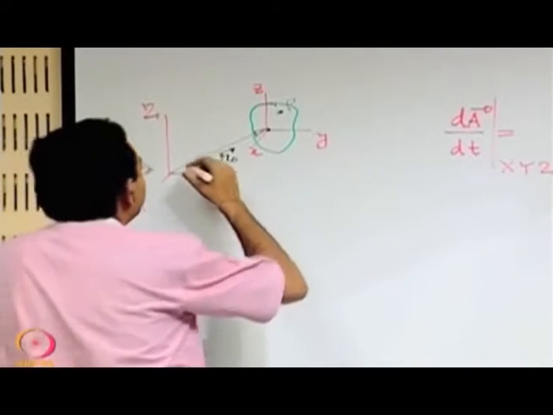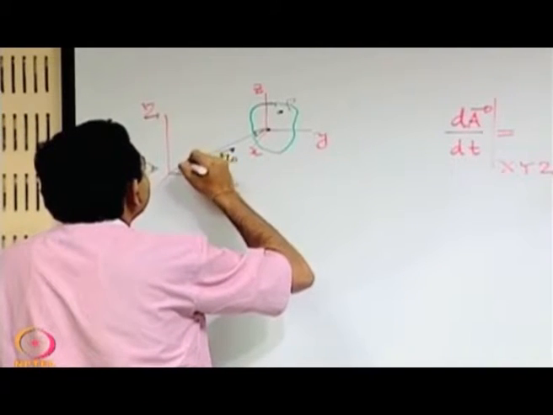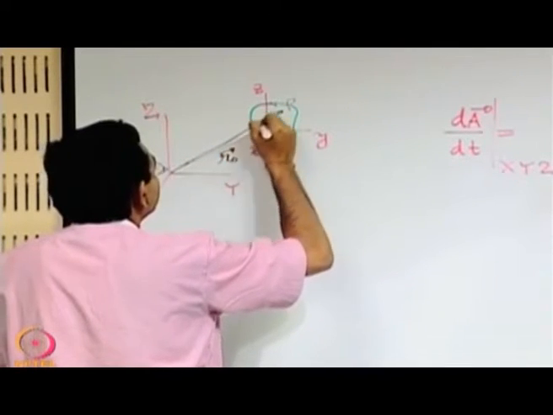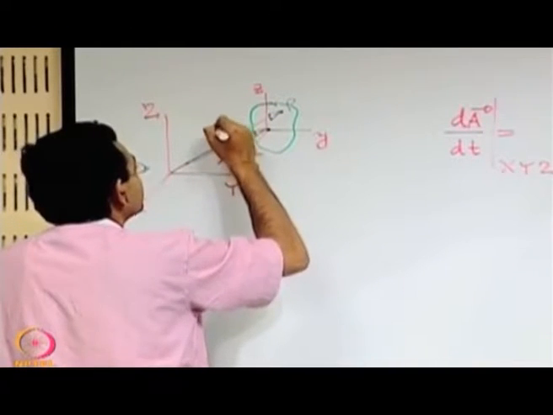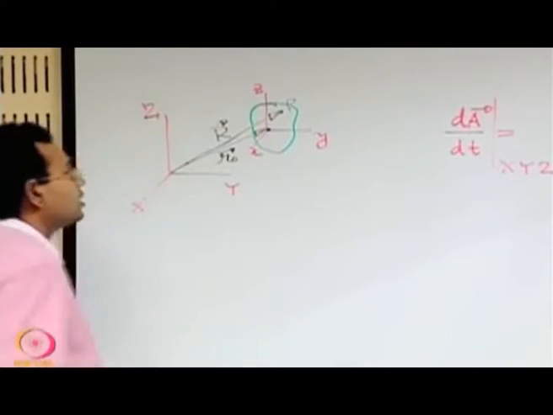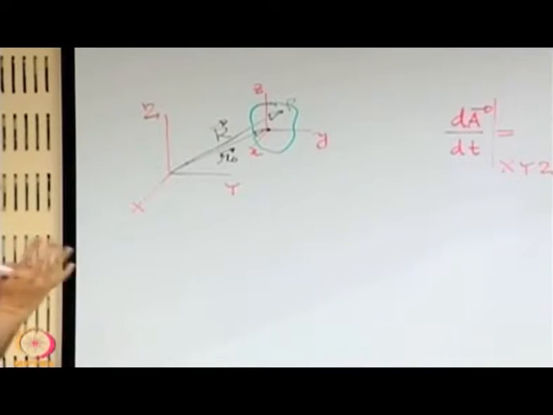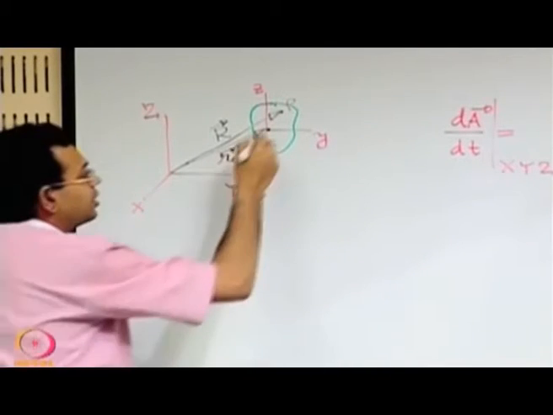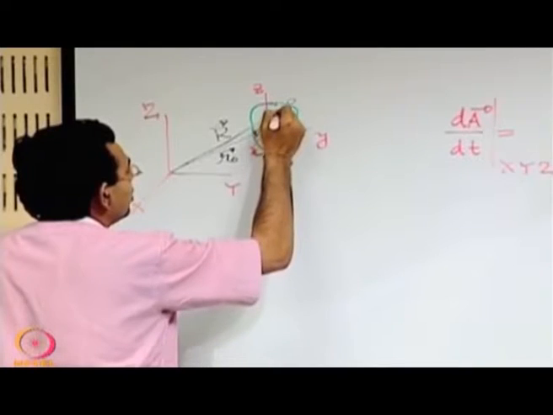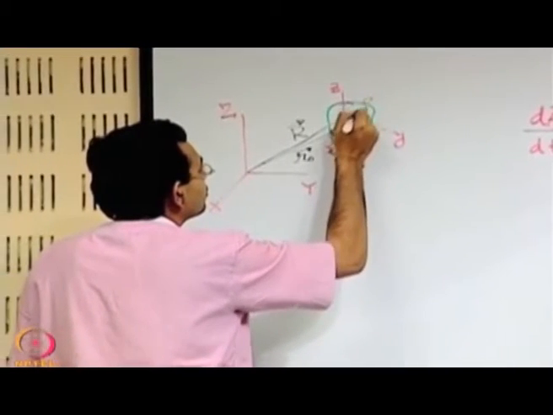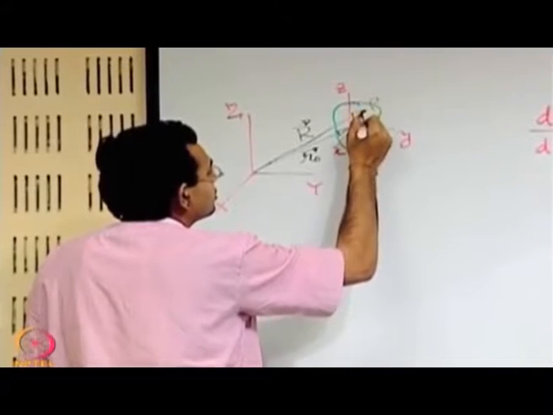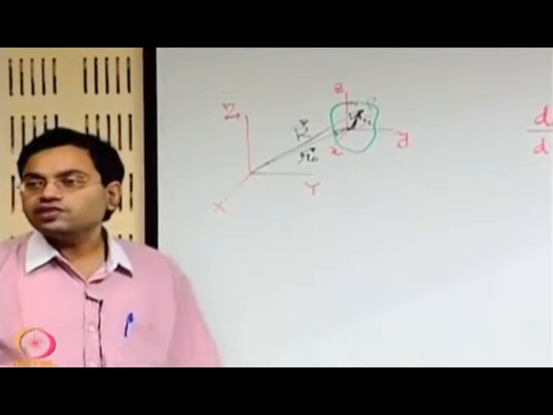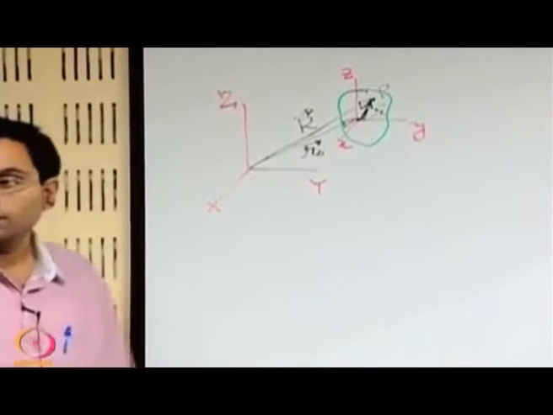This point is described by the position vector which we call capital R. But if we are trying to analyze everything with respect to the small xyz reference frame, the important vector is the position vector of the point P relative to the origin of the small xyz reference frame, and let us say that is small r.